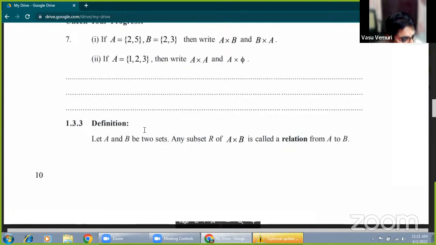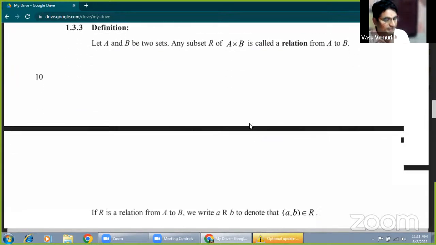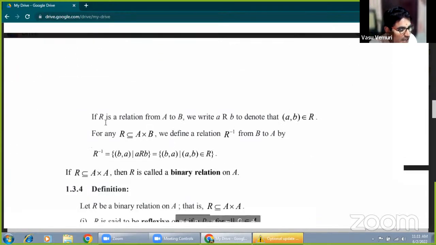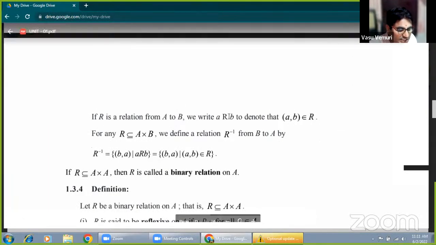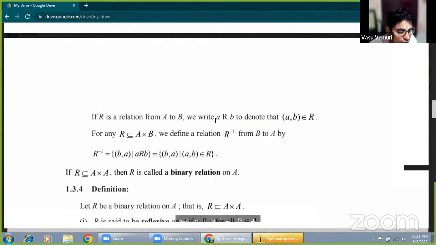A and B are any two sets, and R is any subset of A cross B. That subset is represented as a relation from A to B. We read it as R defined from A to B, where a belongs to capital A and b belongs to capital B. Particularly, the ordered pairs consist of R. So finally, R is contained in or equal to A cross B.